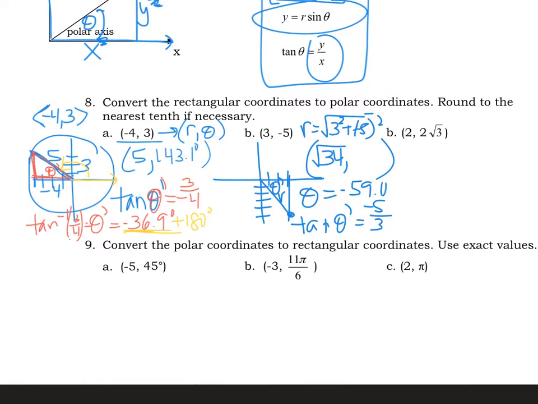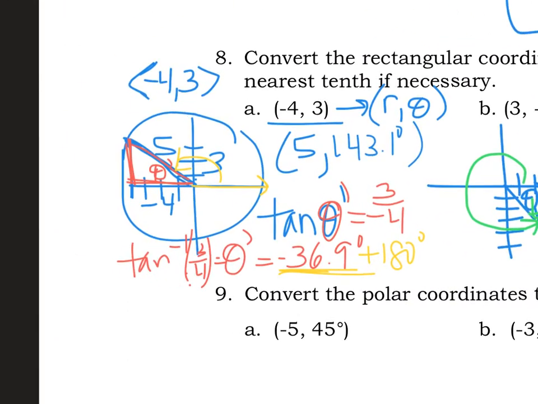Now, there's no problem with keeping that because that actually is the angle that we're talking about. So I can go ahead and write -59 degrees inside of here, and that would be perfectly fine. If you don't want that, you can go around to 360 and subtract off 59 from that. You can have that angle too. I could not do that over here because if I kept -36.9, that's down here.